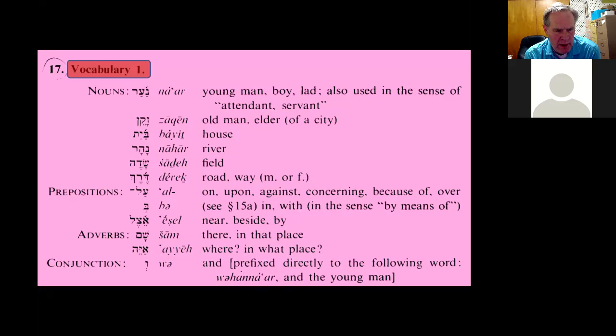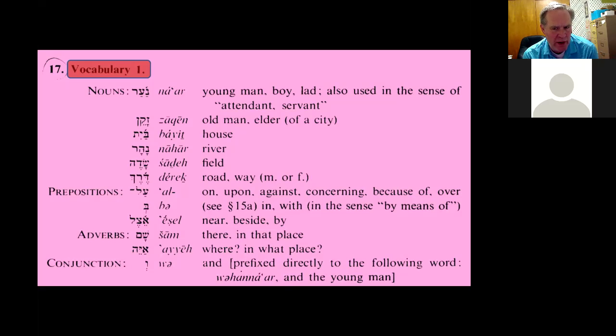So Yisrael is the word Israel. Okay, B'Yisrael would mean in Israel. Etzel means near or beside or by. Adverb sham refers to there or in that place. Sham is there or in that place.